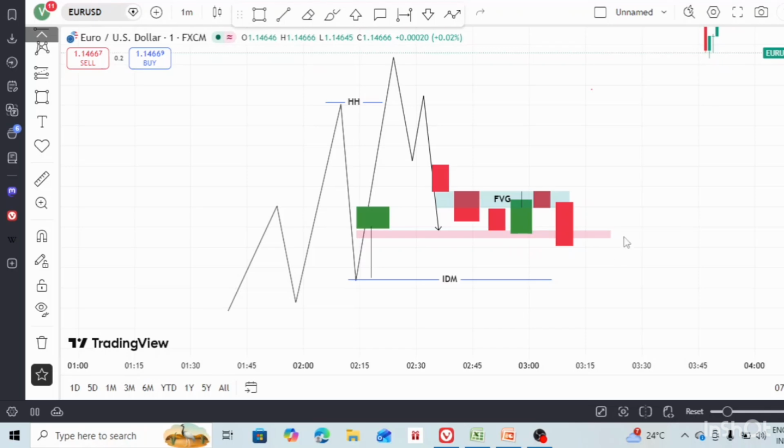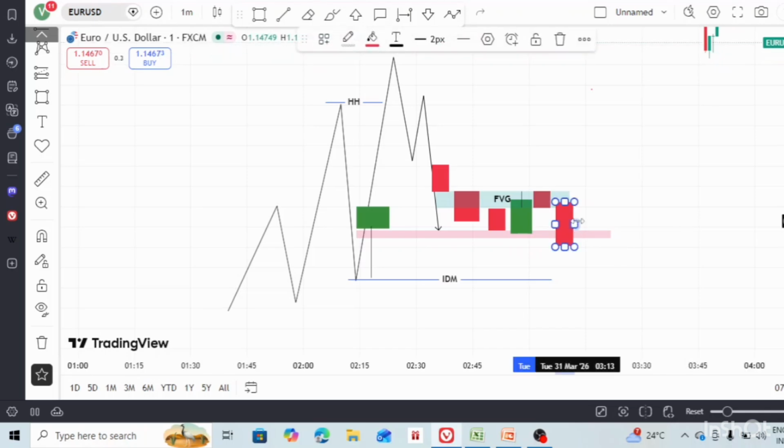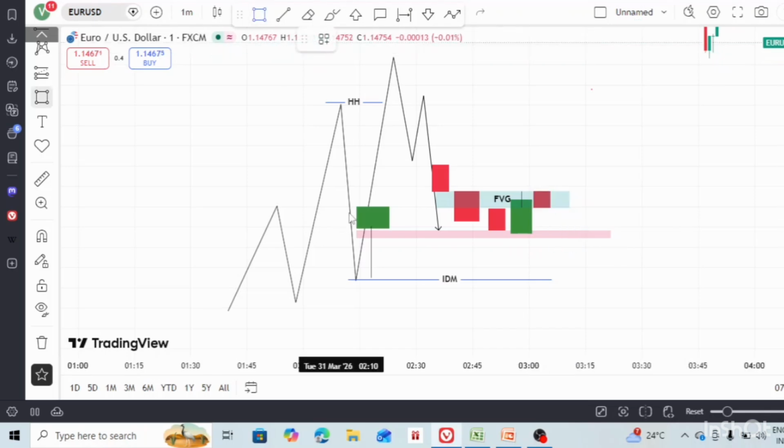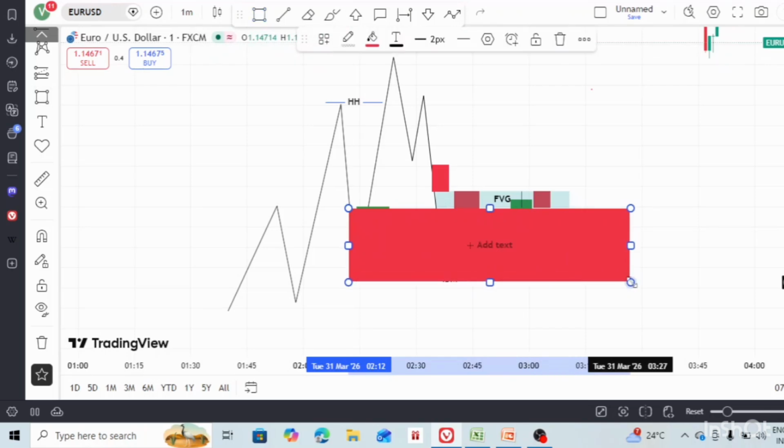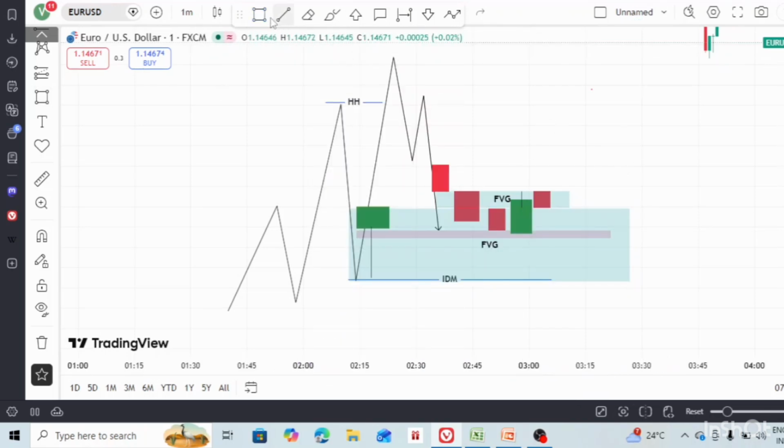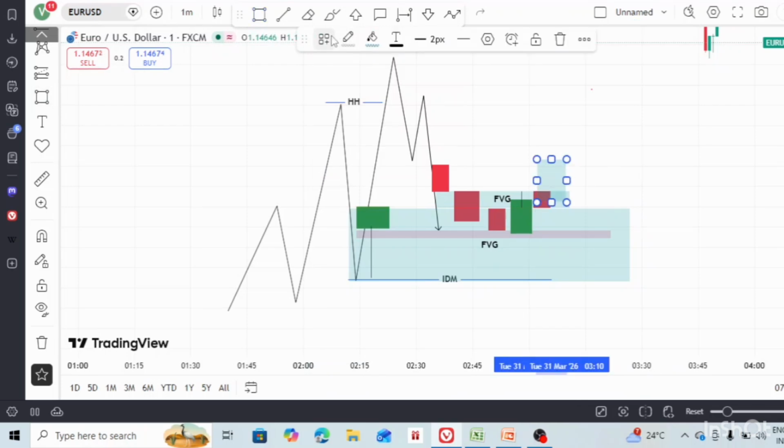However, if we have any gap at this area, for suppose we have the fair value gap at this area, then the market can also move up, because gap is the liquidity, and this has already mitigated the gap, which means the market can also move up.